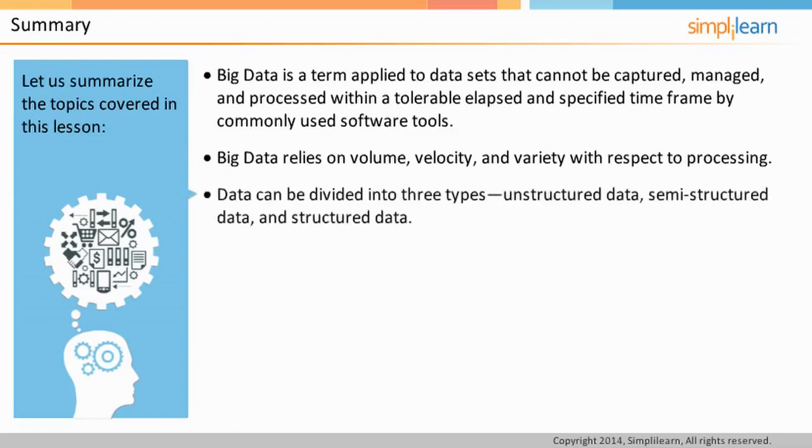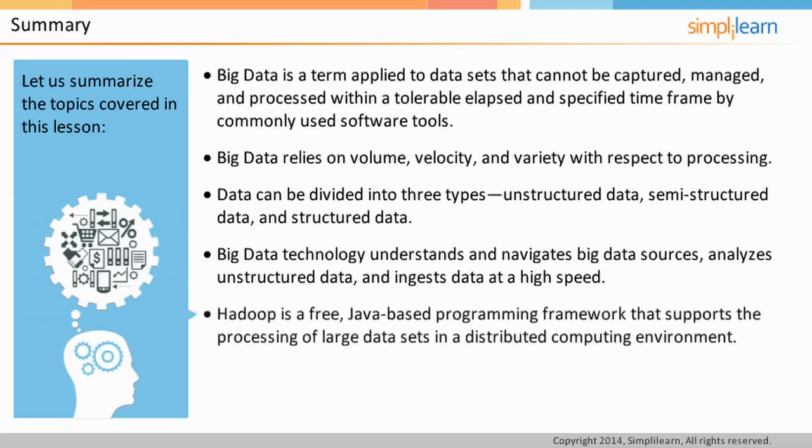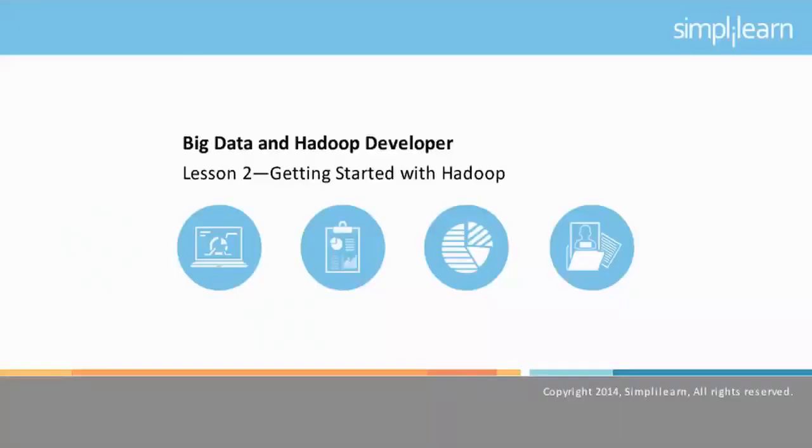Data can be divided into three types: unstructured data, semi-structured data, and structured data. Big data technology understands and navigates big data sources, analyzes unstructured data, and ingests data at a high speed. Hadoop is a free Java-based programming framework that supports the processing of large data sets in a distributed computing environment.